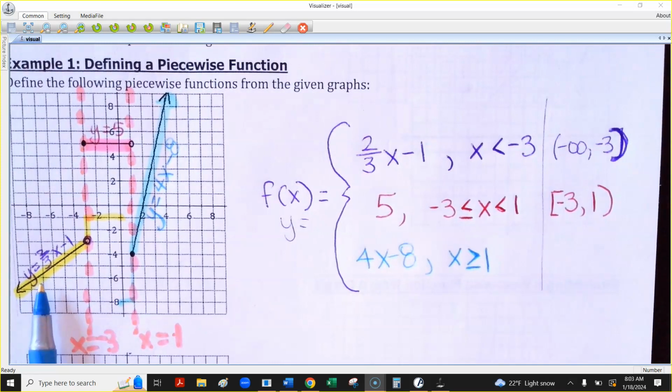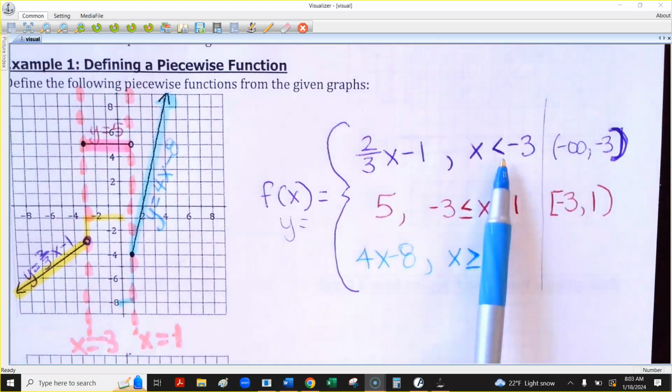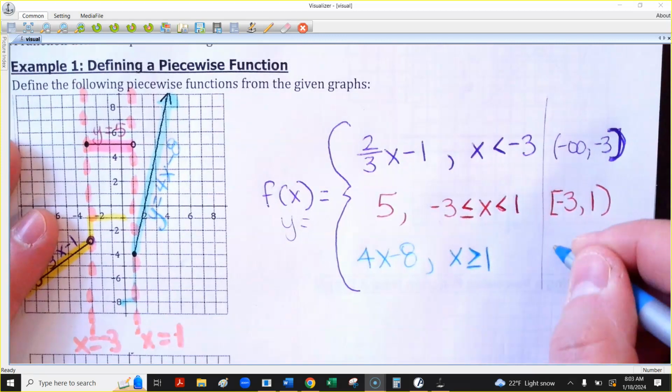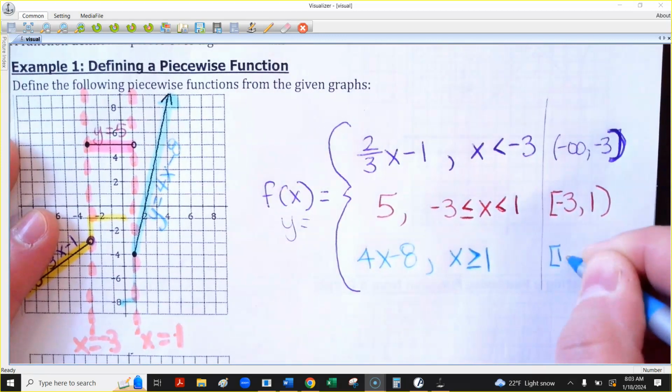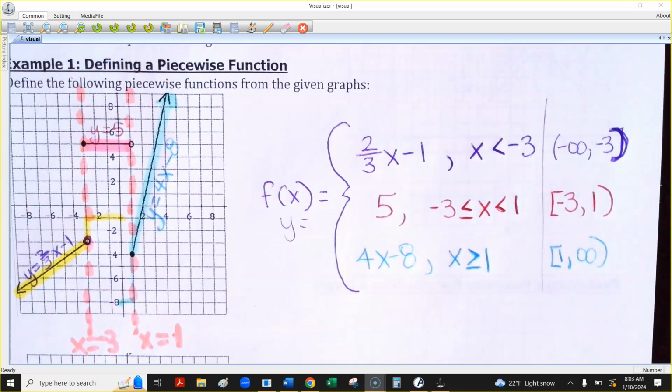That first piece of the graph points to the left, so the inequality points to the left. That's another way to remember that. If you like the interval notation, this would be from 1 to +infinity. I really want you to try to write the inequality notation, but just so you can see both. Okay, does anybody have a question?